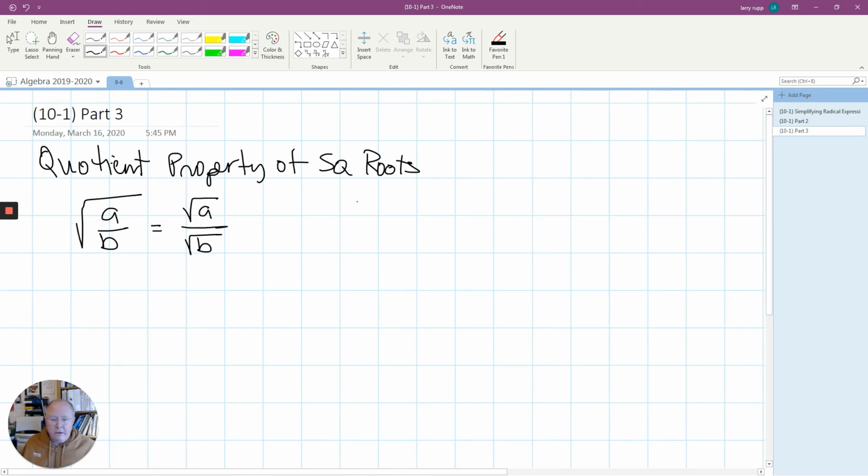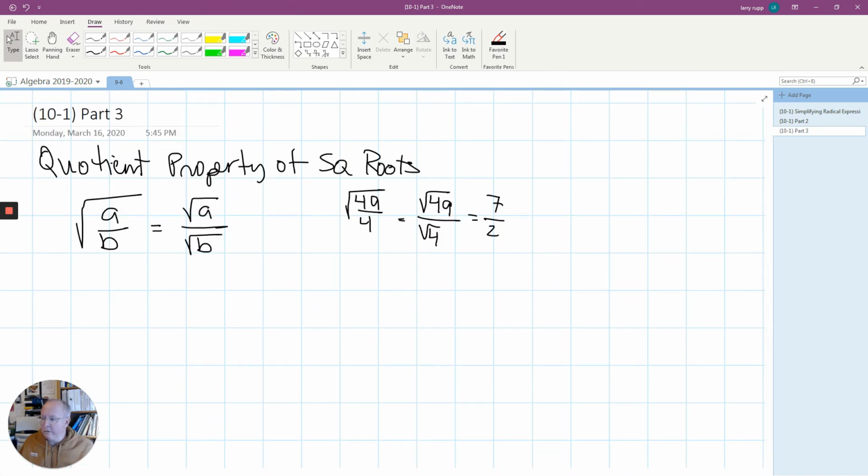All right? So for example, if you had the square root of, say, 49 over 4, then this becomes the square root of 49 over the square root of 4, which is 7 over 2. All right? That's called the quotient property of square roots.